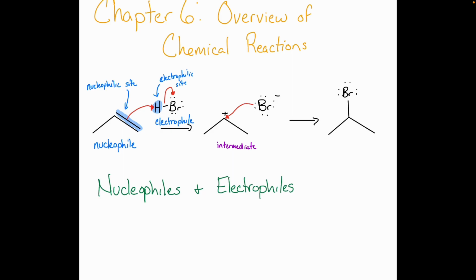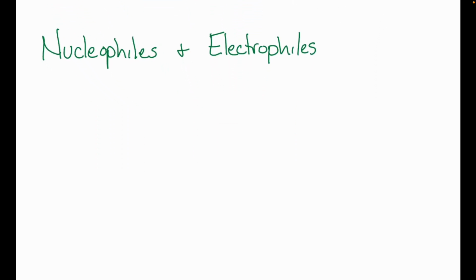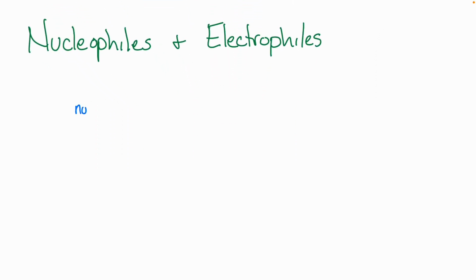First of all, in our mechanisms, the base of the arrow always starts at the nucleophile, and the head of the arrow is always at the electrophile.